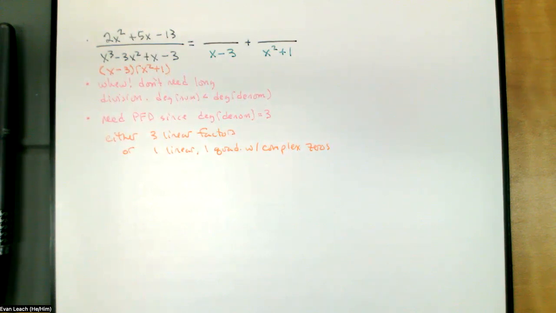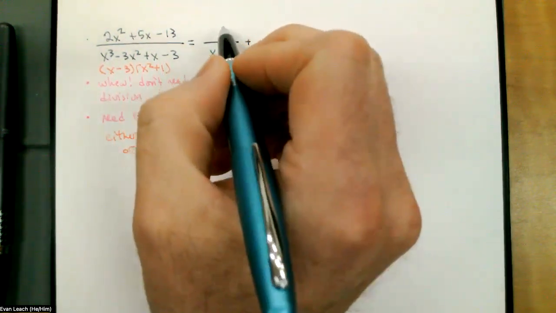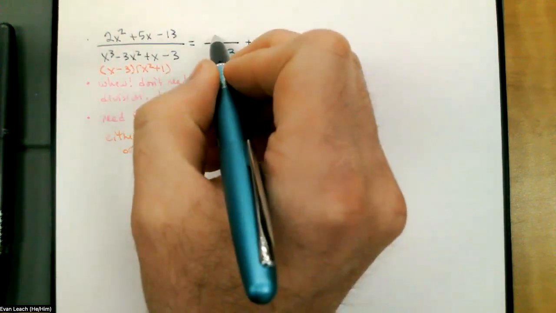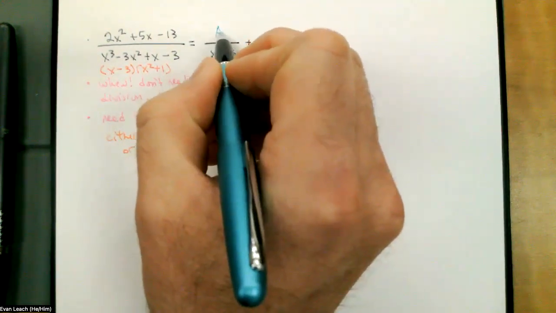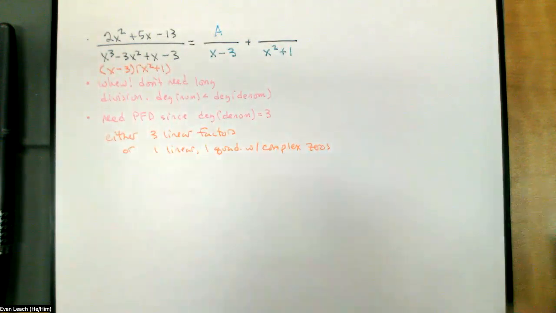Once we set up the terms in our decomposition, we write down the numerators. Above a degree 1 denominator, we put a degree 0 numerator. Above a degree 2 denominator, we write a degree 1 numerator.